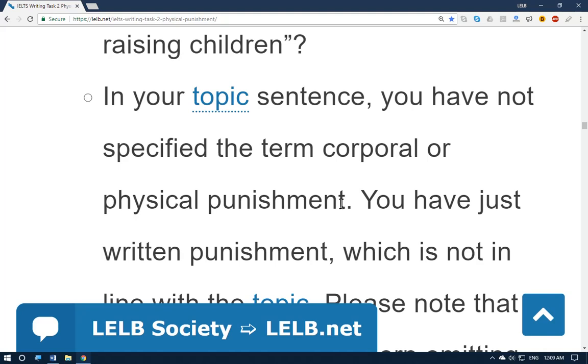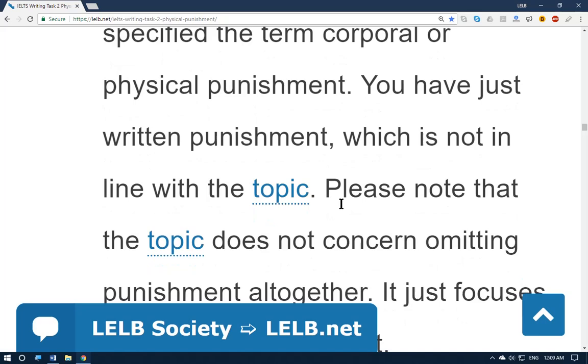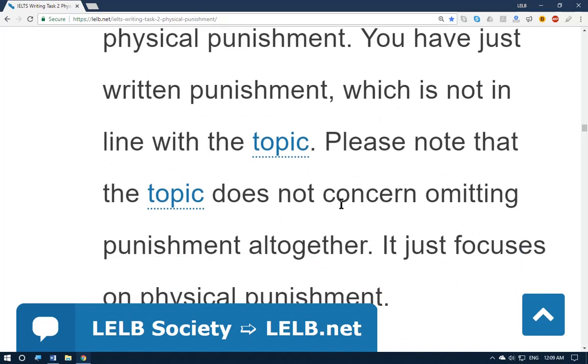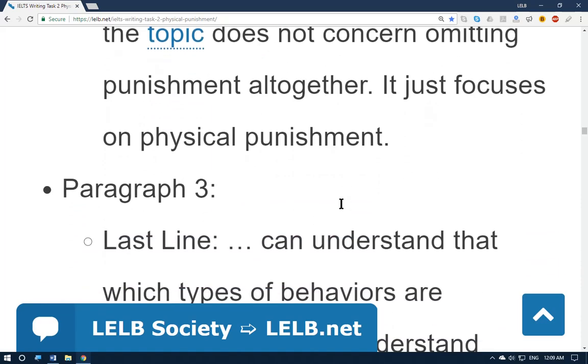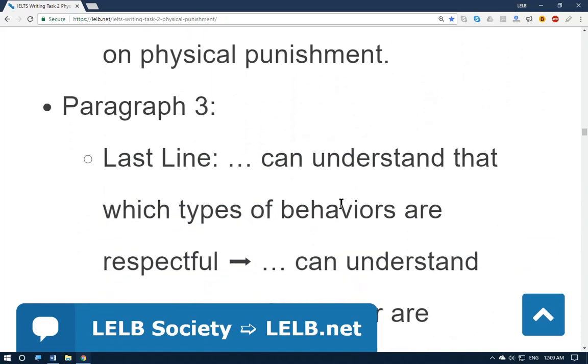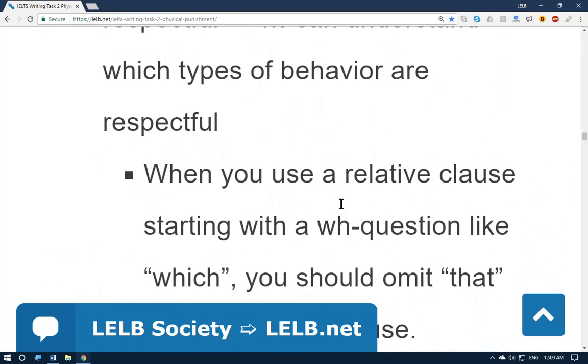You have just written punishment, which is not in line with the topic. Please note that the topic does not concern omitting punishment altogether. It just focuses on physical punishment. And let me see here about that part in which the essayist had written understand that which types.